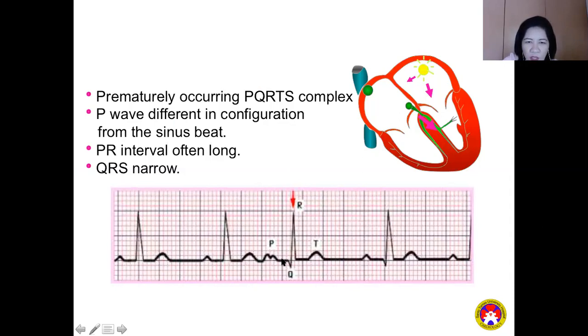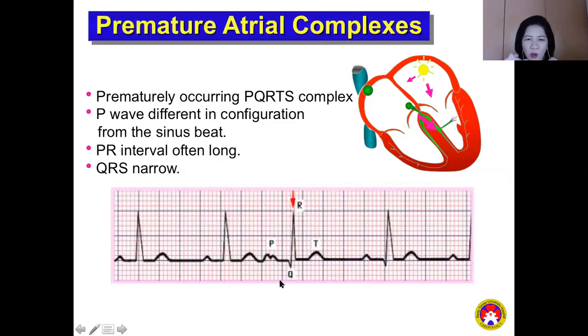So you know this did not come from the SA node, but it came from somewhere in the atria that was able to depolarize the atria ahead of the firing of the SA node. And it was able to be conducted to the ventricles, producing a QRS, T after the premature P. So this is a premature atrial complex.